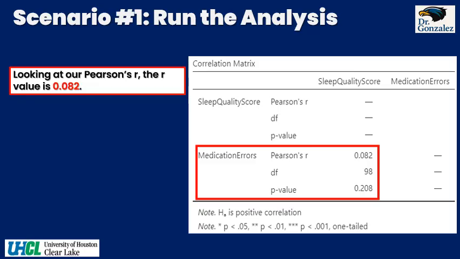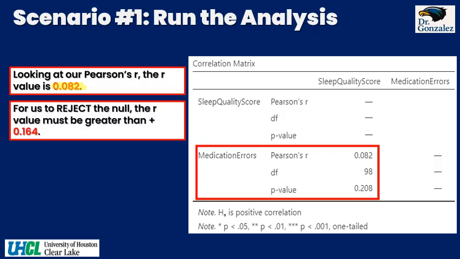So the thing you're going to look at in Jamovi is your significance and your R. Okay, so our Pearson's R is 0.082.